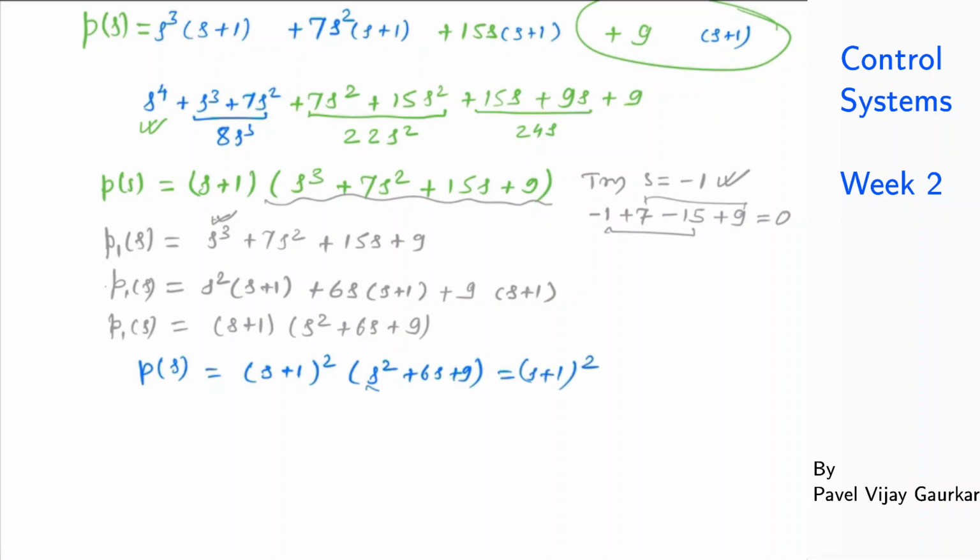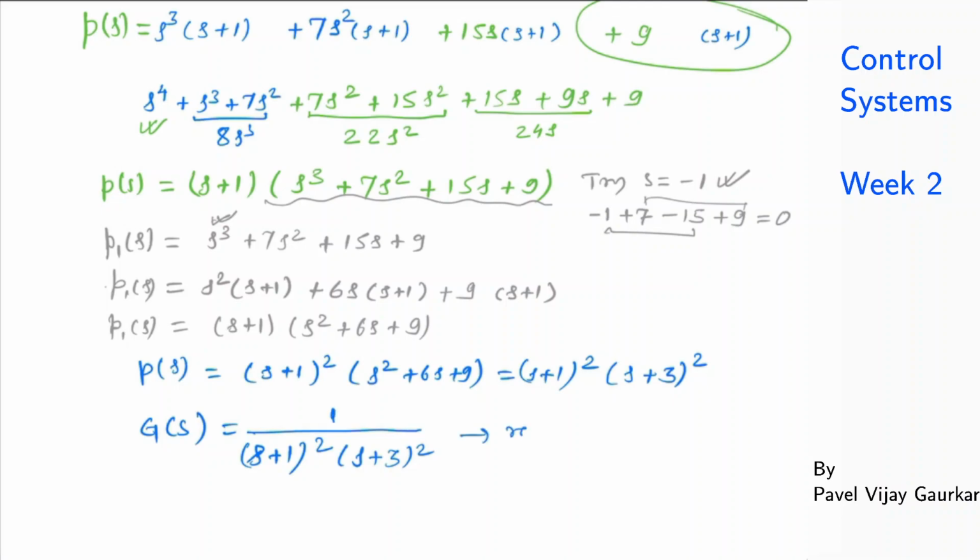If we observe this carefully, this is a square plus 2ab plus b square, so we can just write (s plus 3) whole square. So now we have obtained the factorization of our denominator polynomial. So p of s is (s plus 1) whole square and (s plus 3) whole square.